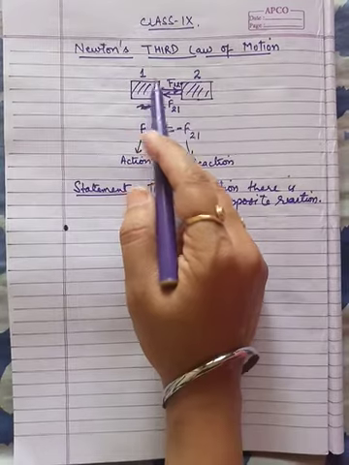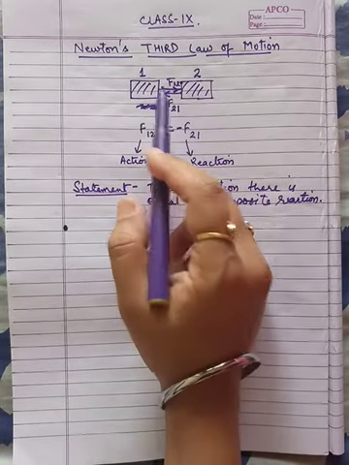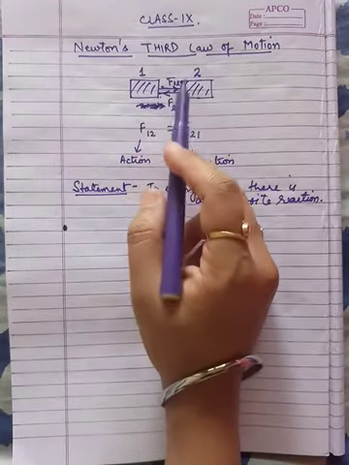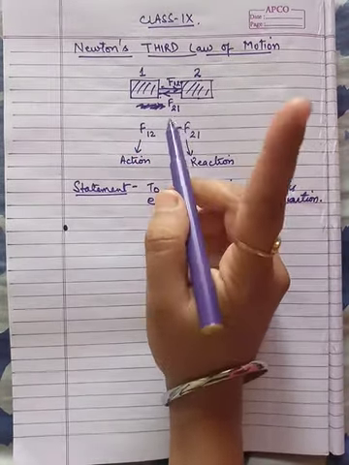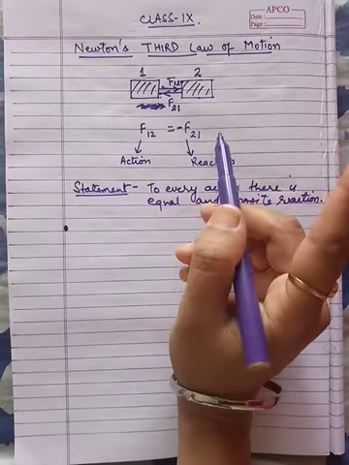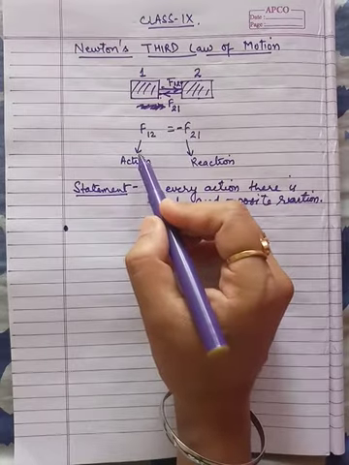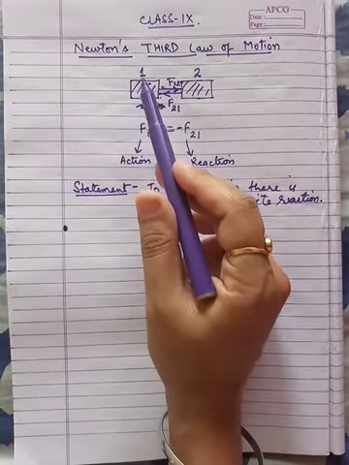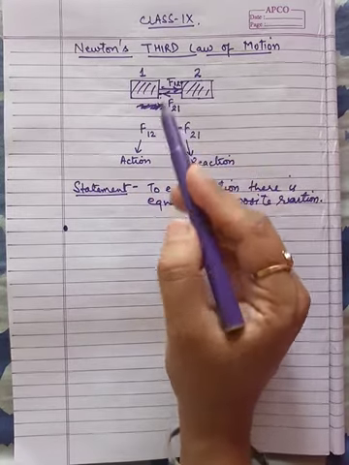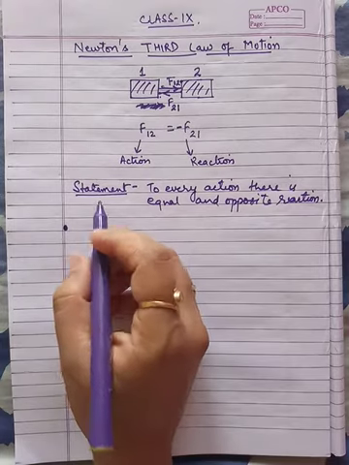The first force is acting on the second object, and the second force is acting on the first object. So these two forces are equal and opposite, but they are not acting on one single object. They are acting on two different objects. The action force is acting on the second object, and the reaction force is acting on the first object. So this is also very important. So let's write down. By writing we will understand it better.